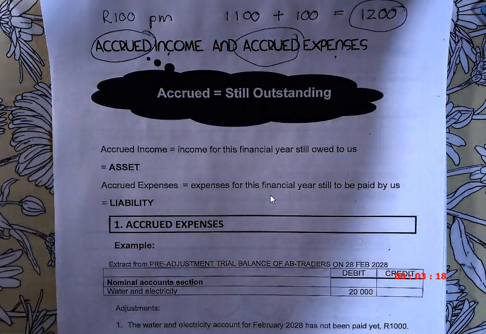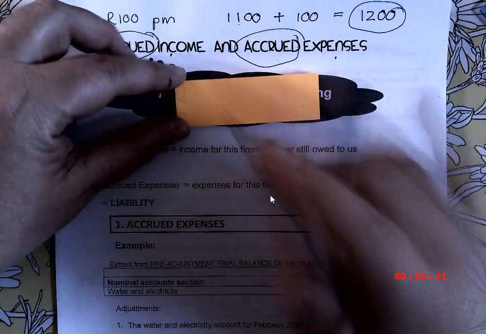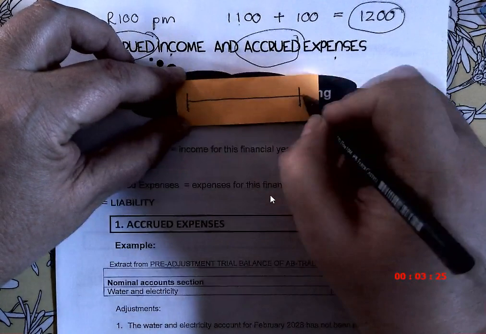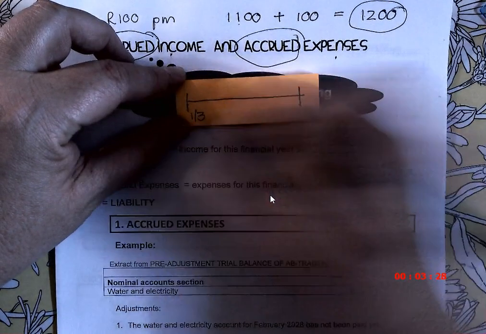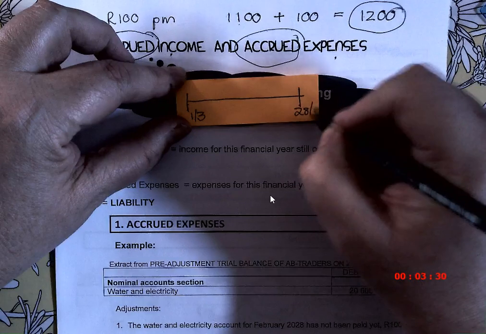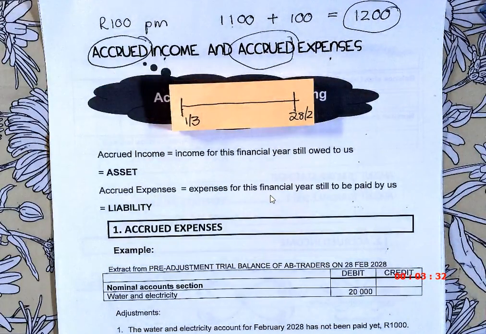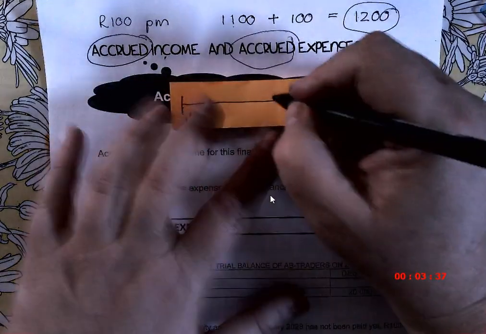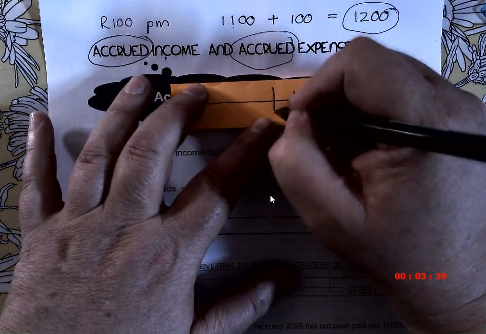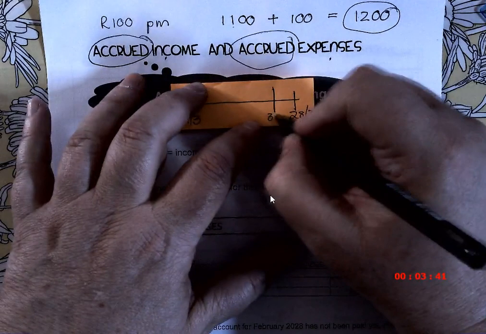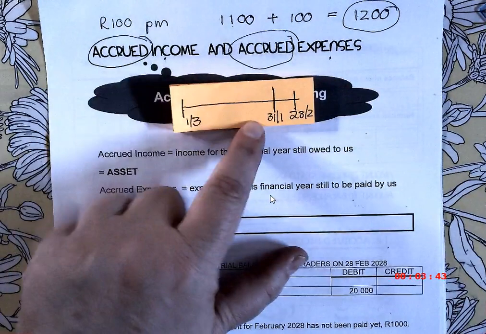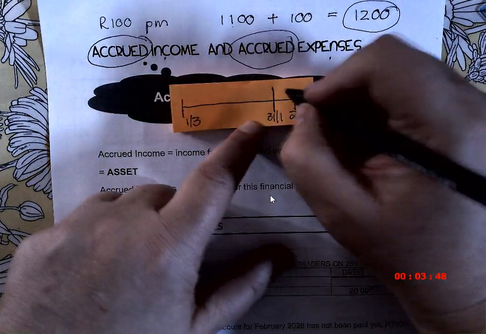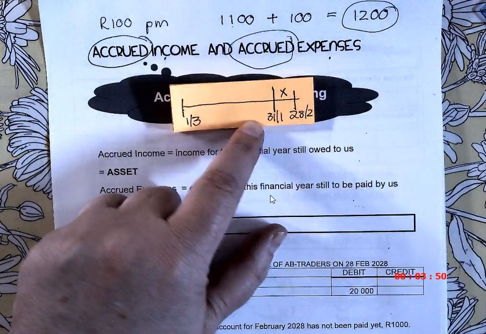Let me show it to you a little bit differently. Here's my financial year. It starts 1st March, it ends 28th February, and I say to you, we have paid our water and electricity up until the 31st of January, and now I tell you we still owe an amount for February.